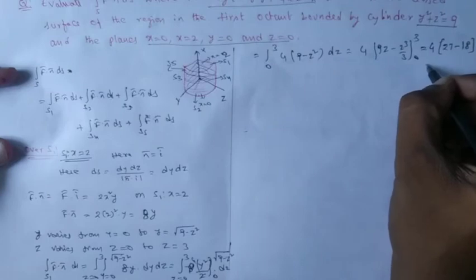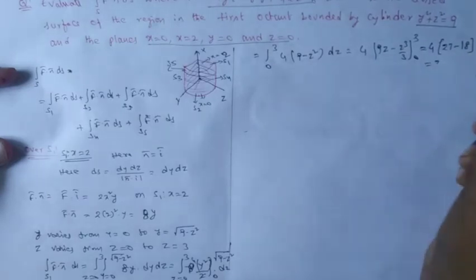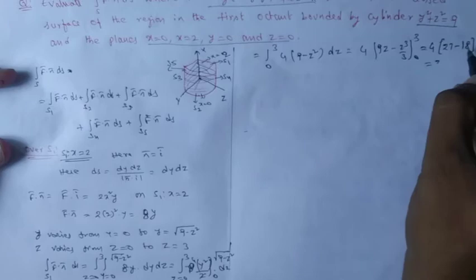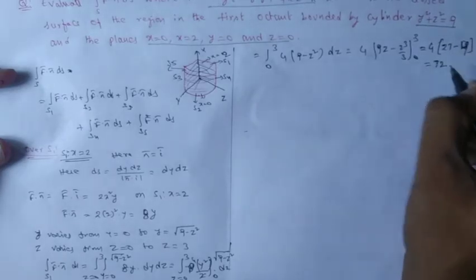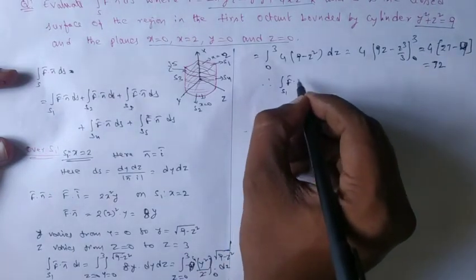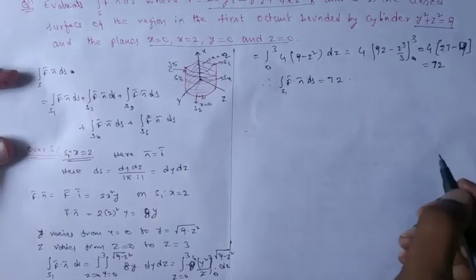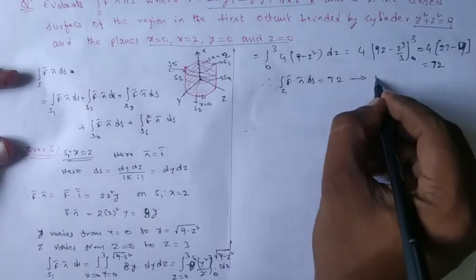So after simplifying, it becomes 36. Sorry, I think it is 9. So it is 72. So therefore integral over S1 f bar dot n bar ds equal to 72. Okay, this is the first value.